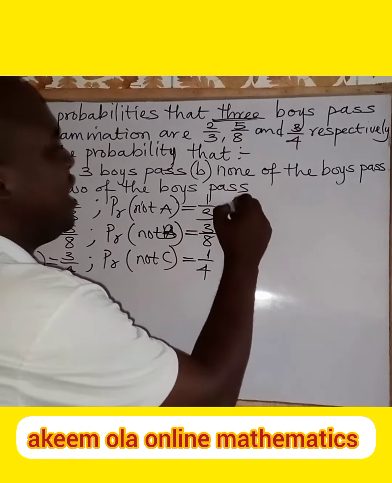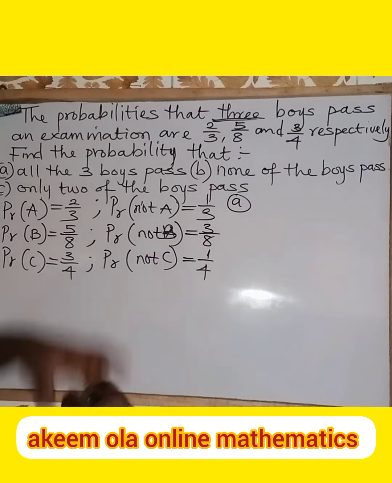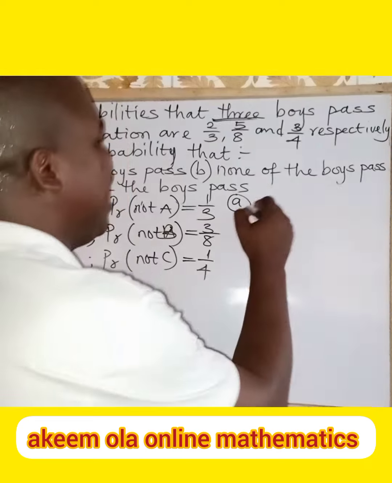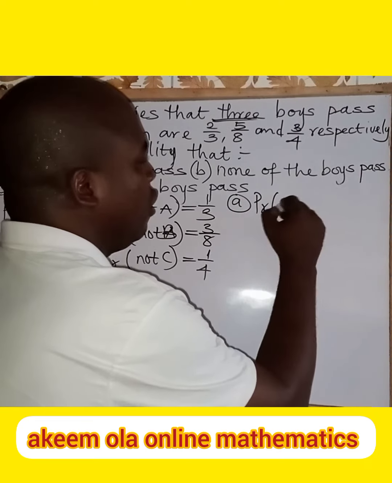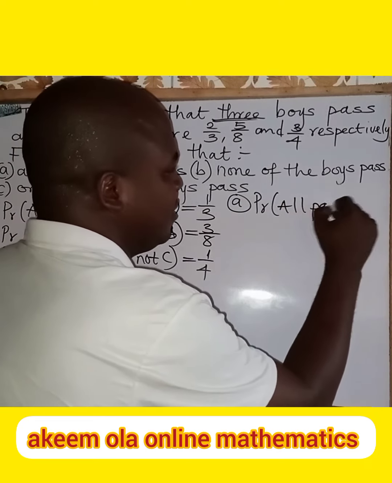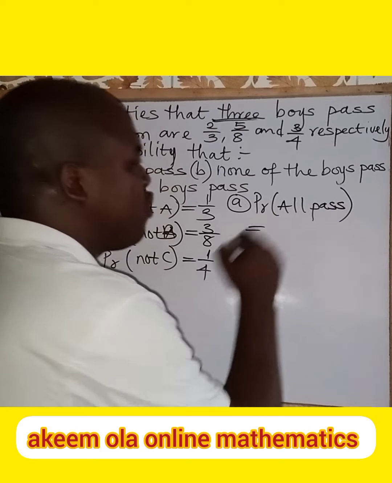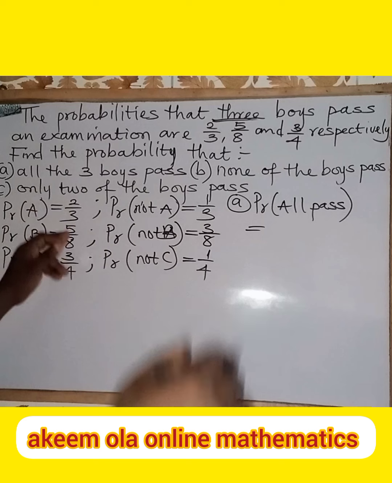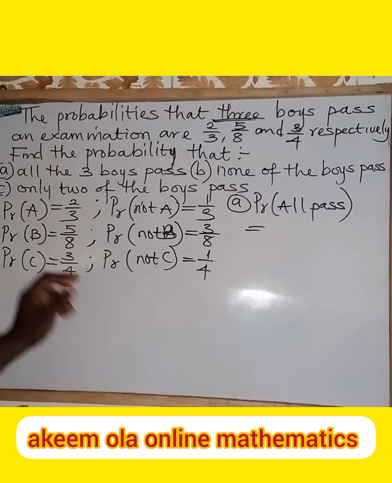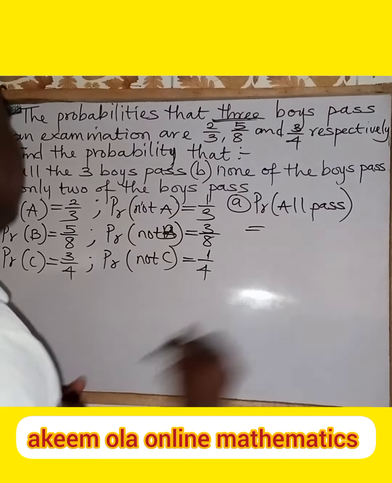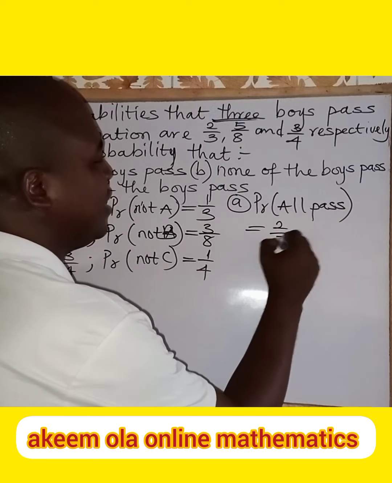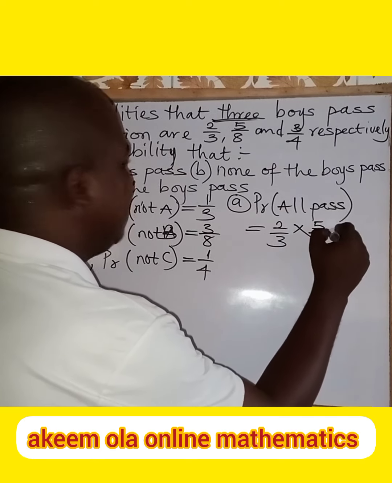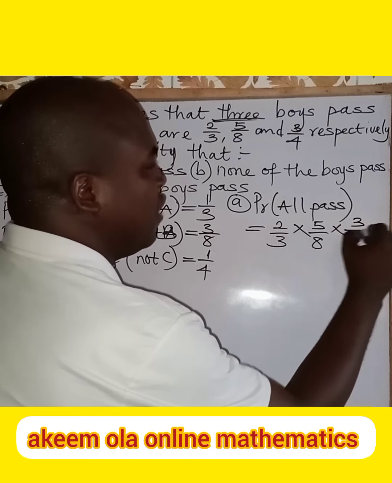We are given A: find the probability that all the three boys pass. P of all pass will be equal to the probability that A passes, and the probability that B passes, and the probability that C passes. And that will now give us 2 all over 3 times 5 all over 8 times 3 all over 4.